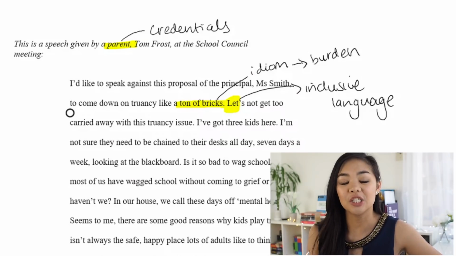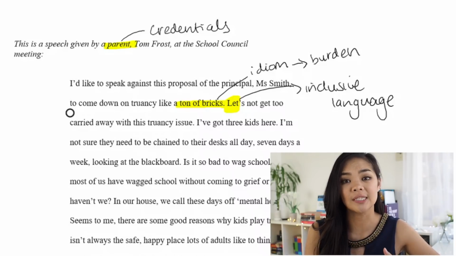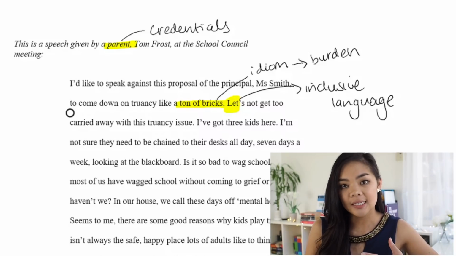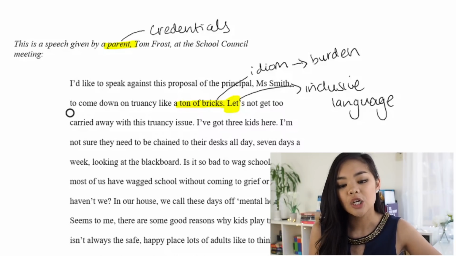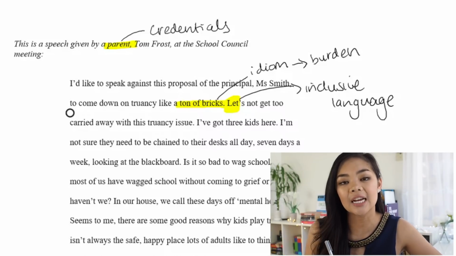So why do we actually use inclusive language? Inclusive language usually involves words like let's, we, our, and this creates the sense that there is a collective responsibility that we hold. So potentially as readers, we could even be parents ourselves who feel like we need to get involved in the issue in order to actually have an impact on what's happening here.